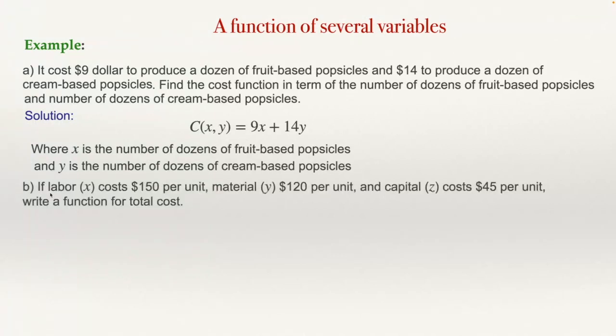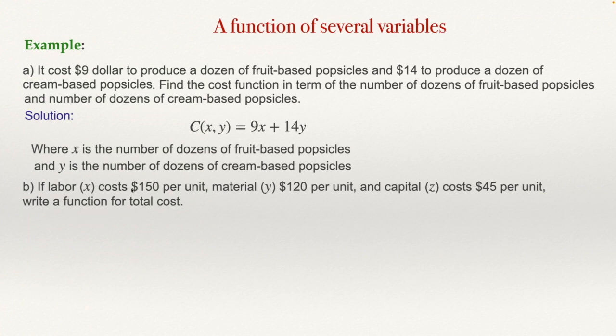Another practical application. If labor costs $150 per unit, and I'm going to call the number of units of labor x, and material costs $120 per unit, so the number of units of material, and capital costs $45 per unit. Imagine that we divide the capital in units, and each unit is $45. Write a function for total cost.